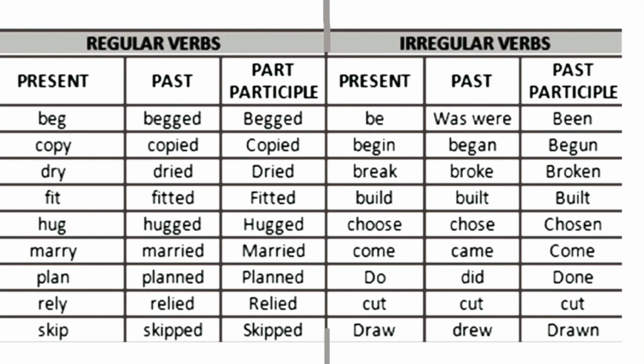In regular verbs, there is a fixed pattern of D or ED endings in their second and third forms, while irregular verbs don't have any fixed pattern. Some examples of regular verbs are copy, copied, copied, hug, hugged, hugged. And examples of irregular verbs are begin, began, begun, choose, chose, chosen, cut, cut, cut, etc.